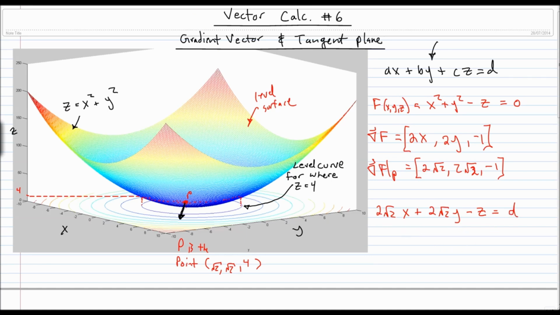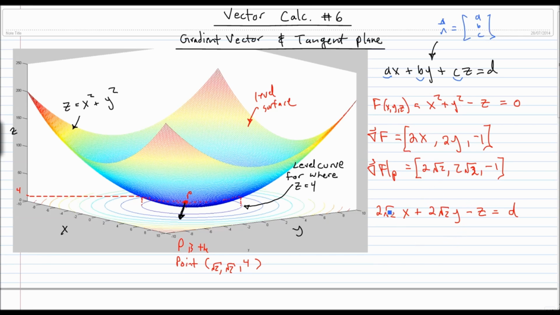Okay, so I want to be clear here. These coefficients, when we learned way back in linear algebra, we learned that a normal vector to this plane is a vector whose components are these coefficients here.